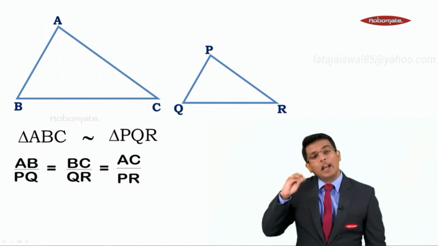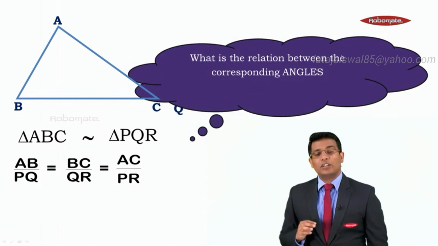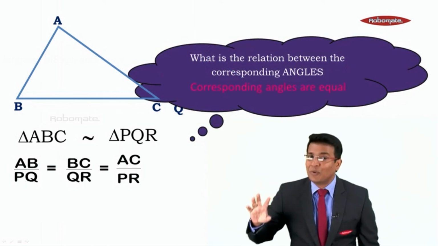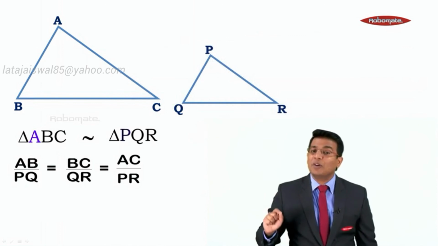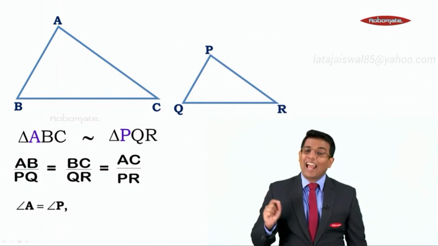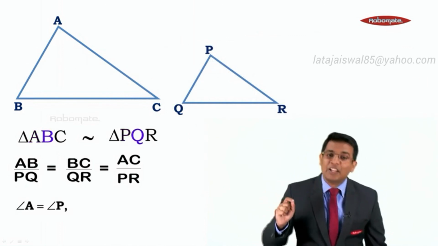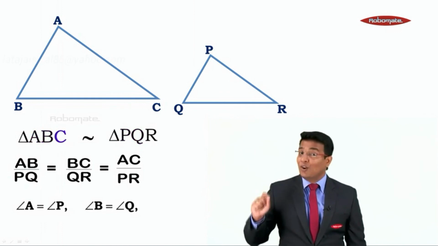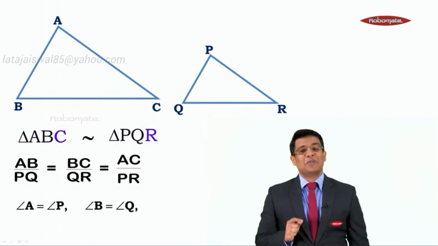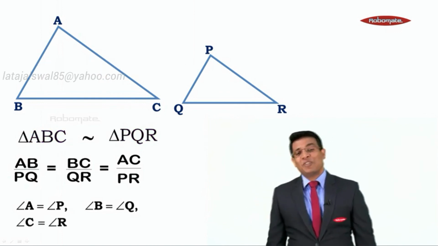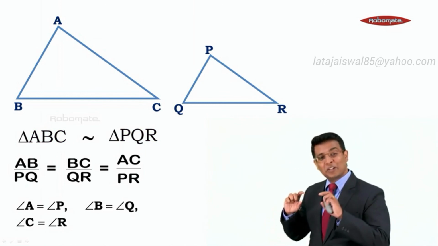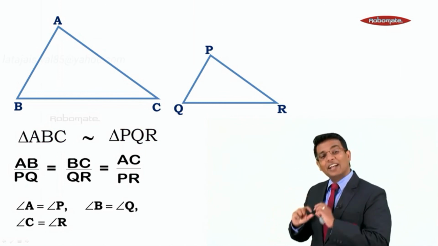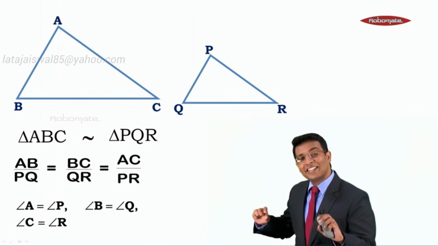Same way, what is the relation between the corresponding angles? They are equal, right? Angle A is equal to angle P, angle B is equal to angle Q, and angle C is equal to angle R. So remember, when two triangles are similar, the ratio of their corresponding sides are equal and the corresponding angles are equal.